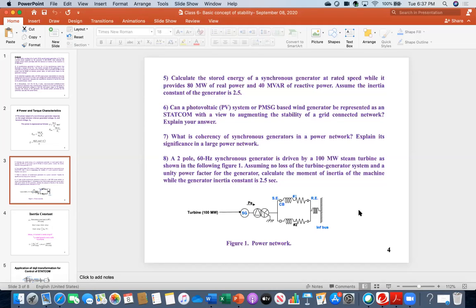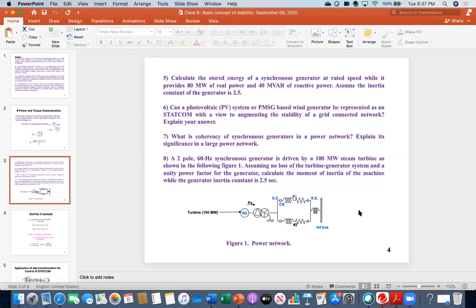Okay, great, that's the right 3520.1 kg meter square. Yes, that's right. Yes, Dr. Ali, I got the same one, 3520, right.